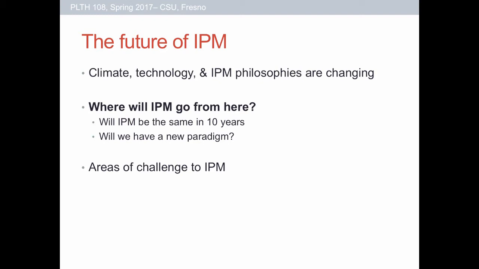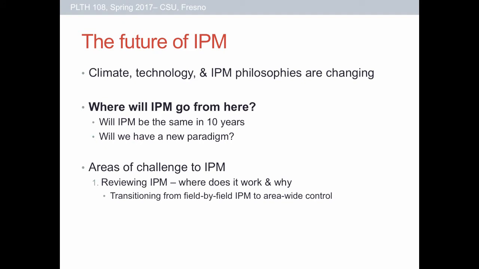The question I was curious about was, well, IPM right now is substantially different from how it was maybe even 10 years ago with the introduction and the widespread use of, say, GMOs. So what are things going to look like 10, 20 years out in the future? As far as I can tell, there are three major areas that are going to be addressed.